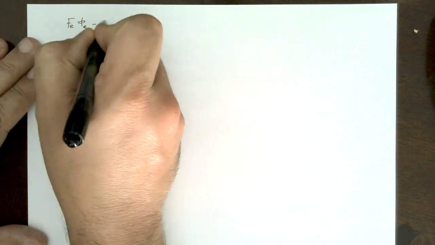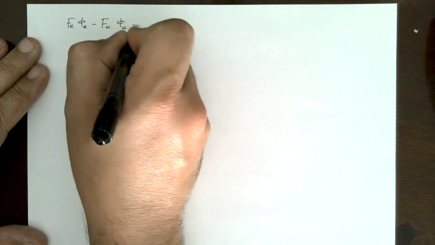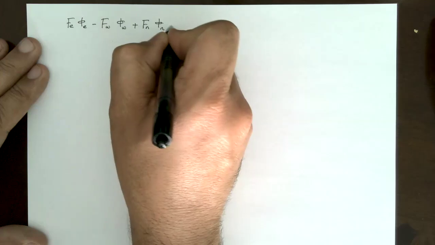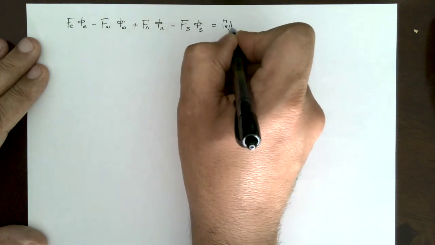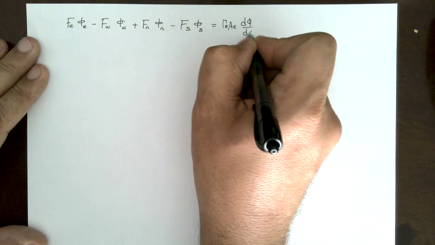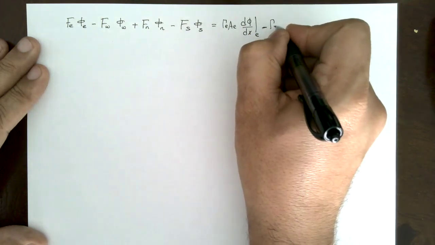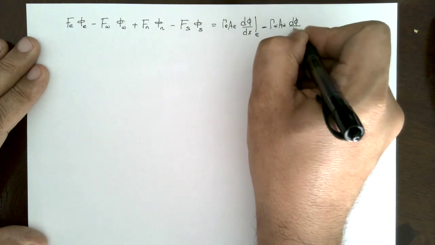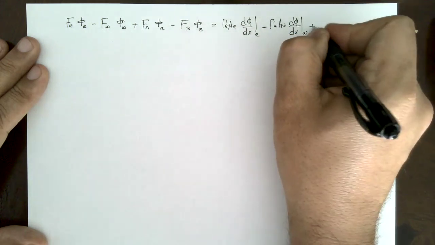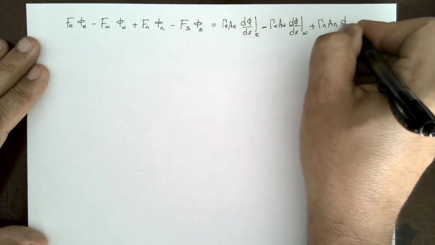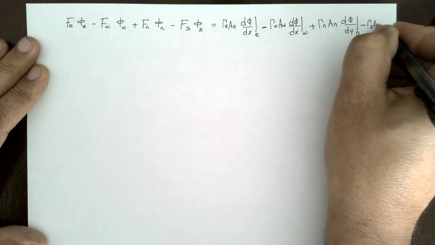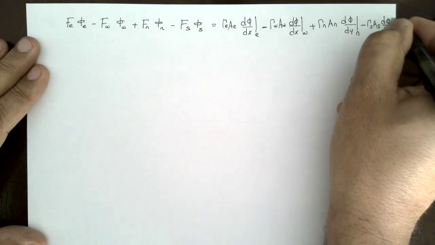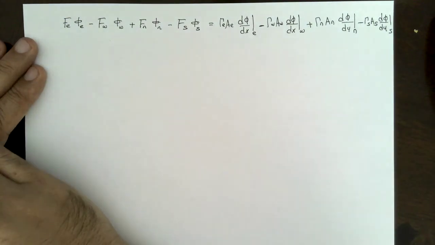I will have F east phi east minus F west phi west plus F north phi north minus F south phi south equal to kappa east A east d phi by dx on the east face minus kappa west A west d phi by dx on the west face plus kappa north A north d phi by dy on the north face minus kappa south A south d phi by dy on the south face. This is now the equation.